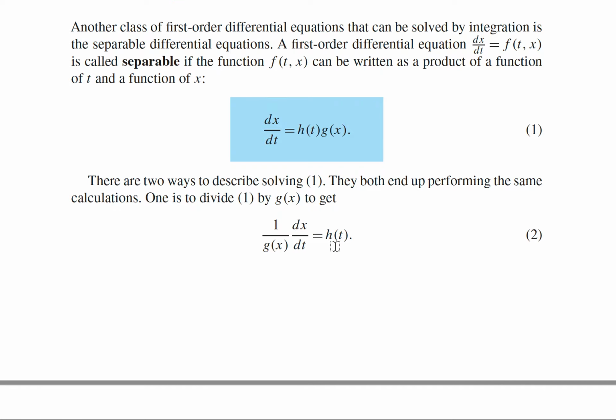The right hand side will be the integral of h(t) dt. Finally, I will have on the left hand side an integral in terms of dx, and on the right hand side an integral in terms of dt.